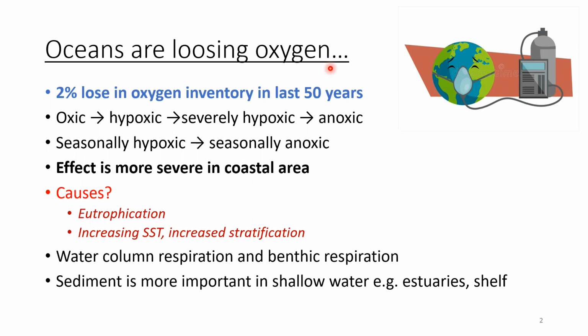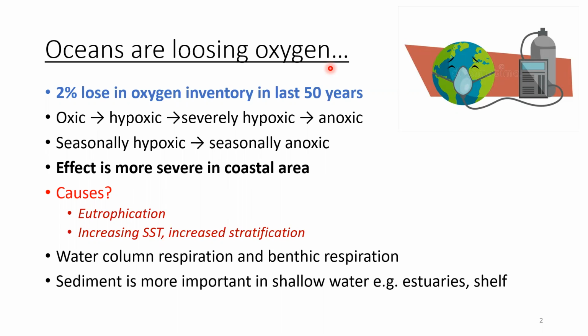Two of the main reasons for that are eutrophication, which induces a lot of oxygen consumption in the water column and in the sediment, and global warming, which increases the sea surface temperature, which increases stratification that prevents the oxic surface layer from mixing with the deeper layers.